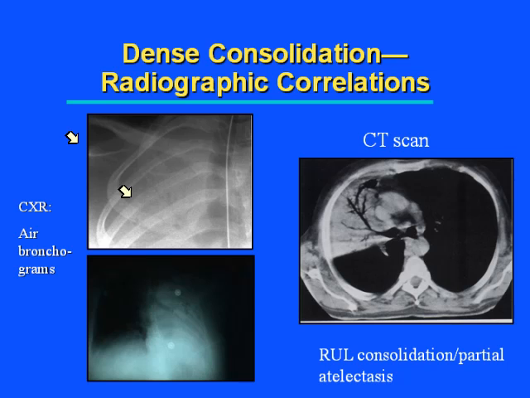If you look out here, this area, I'm sorry, we've sort of coned down on just the right upper lung here. But this area is much denser than the normal lung would appear on chest x-ray. When I say denser, it's a lighter color.